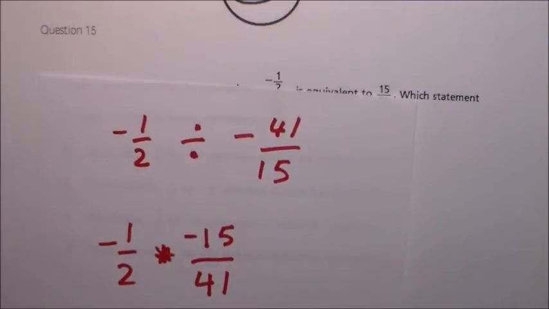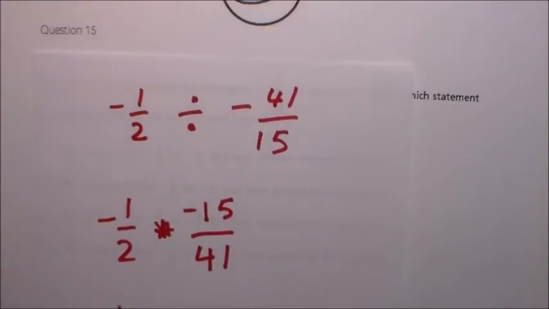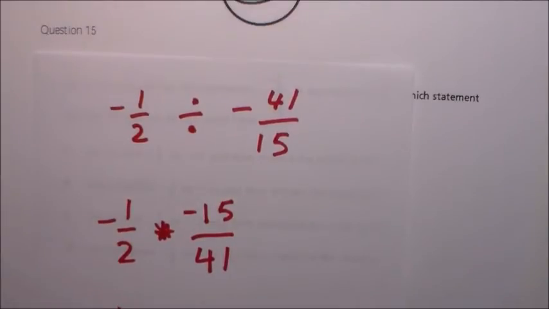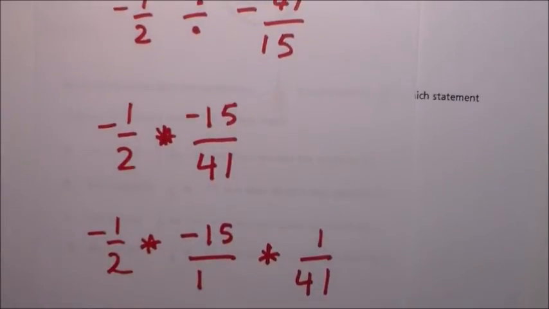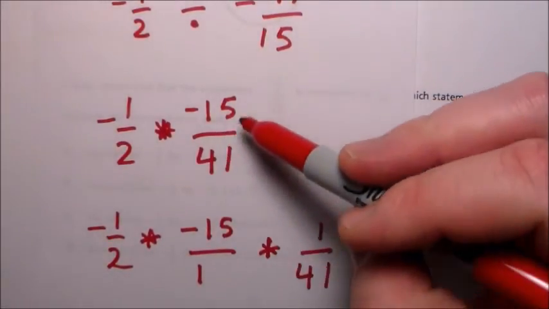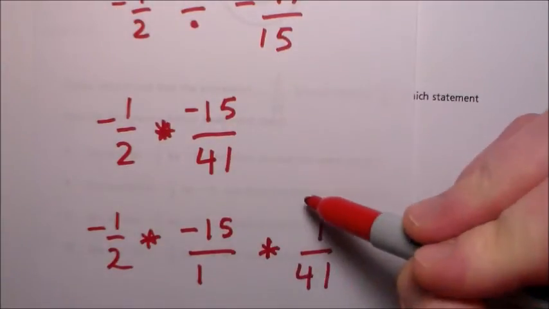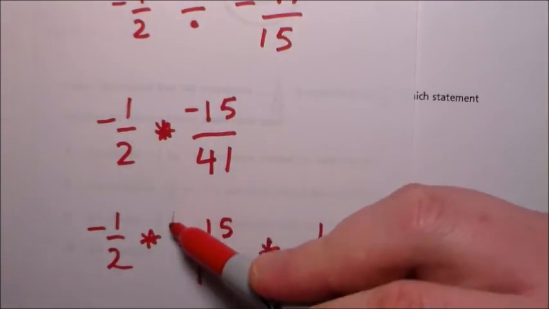And I know I haven't read the answer choices yet, but I'll get there, because what you need to know to get the right answer is that you can think of negative 15/41 as negative 15/1 times 1/41, which makes sense, right? You're just pulling this thing apart. You're turning this into 15/1 and this into 1/41. And that makes sense, right?